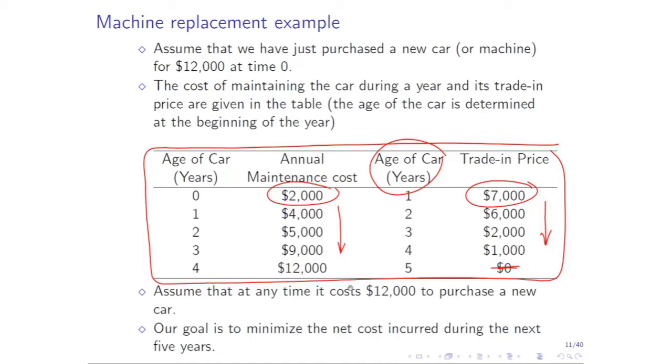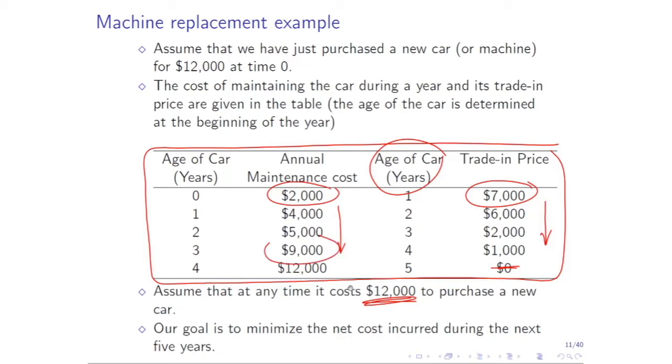And every time that you sell the car, you can buy a new car for another $12,000. Now the goal, our objective, is to minimize your cost during the next 5 years. The idea is that as your car gets old, you probably want to sell it because its maintenance cost is high, and it makes sense for you to buy a new car.